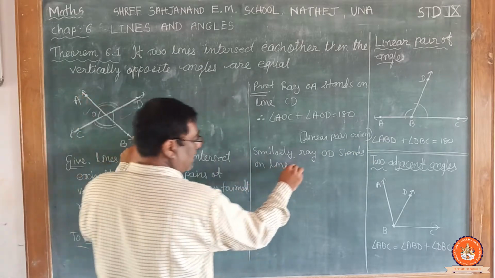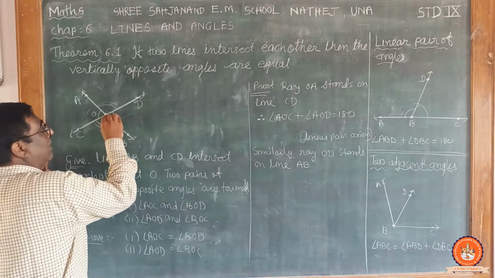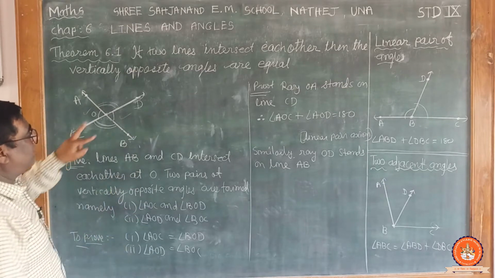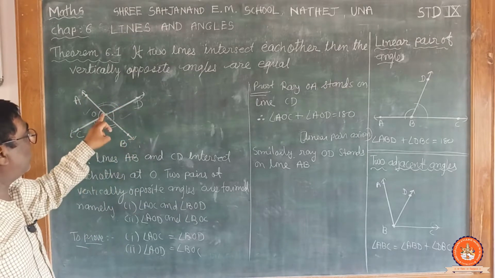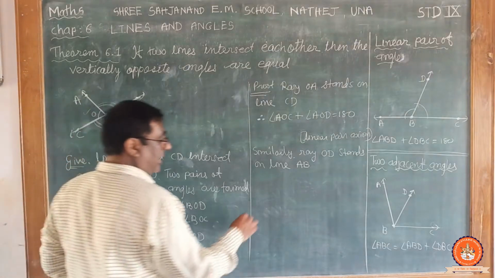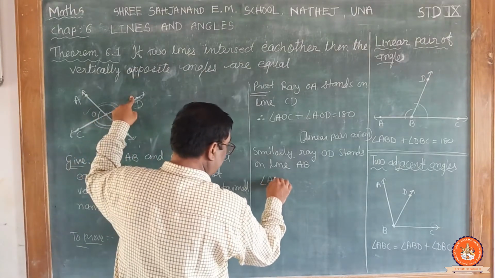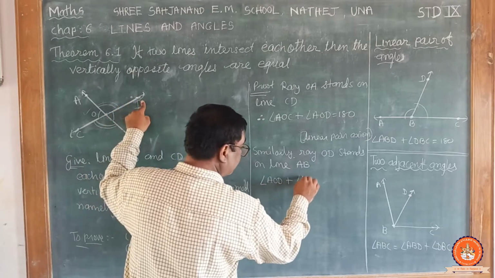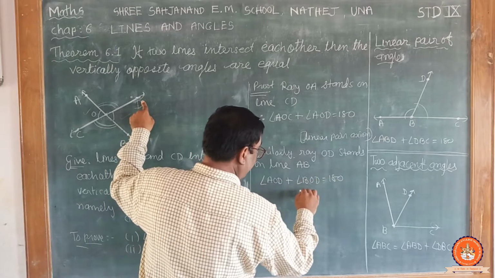Similarly, my friends, you can see that ray OD stands on line AB. So these two angles formed, AOD and BOD, are linear pairs of angles. So angle AOD plus angle BOD is equal to 180.